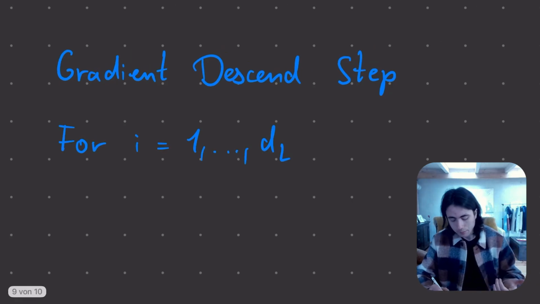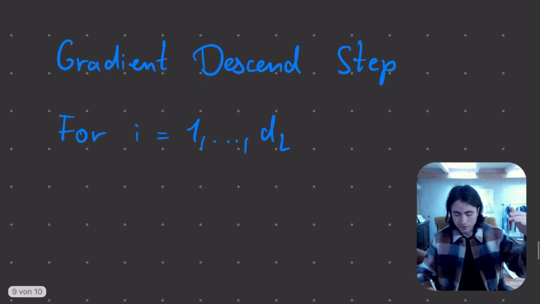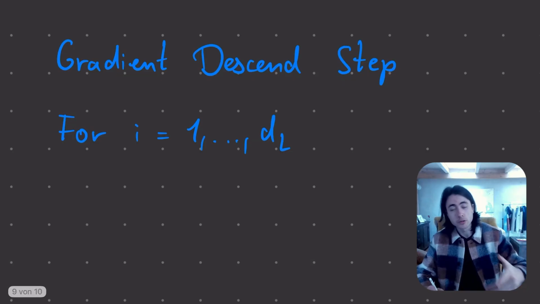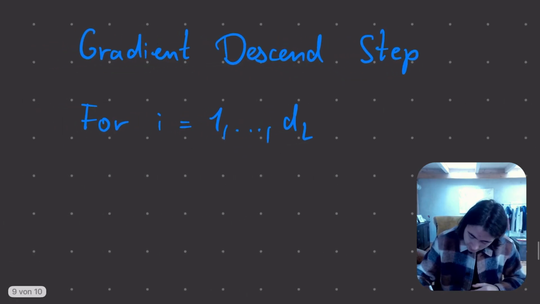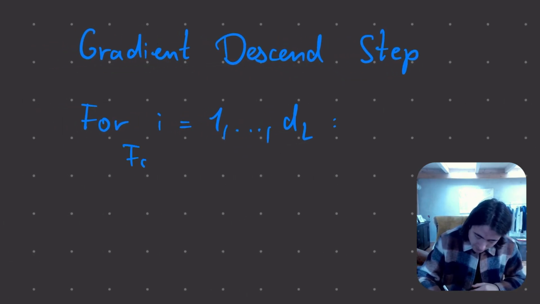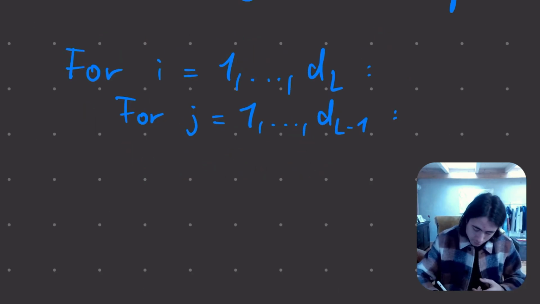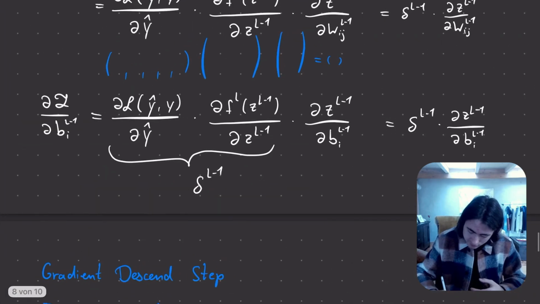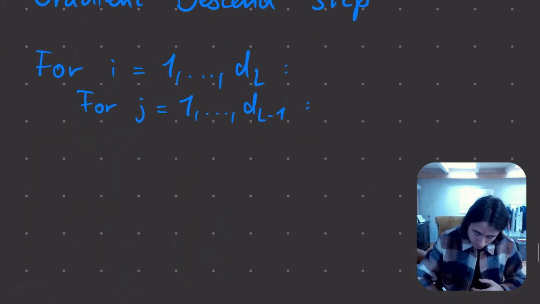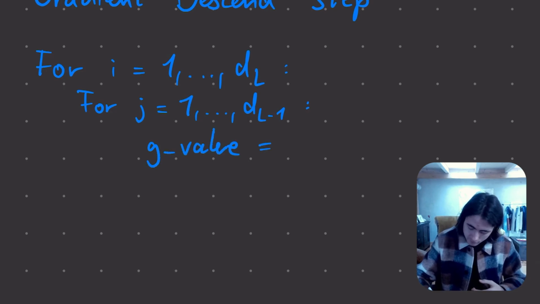Now i is the number of rows we have, and the number of rows determines the output dimension, so it's dl. And so for every i, we would then have to loop through every j from 1 to the input dimension, dl-1. And then in each loop iteration, we would have to calculate the number we just computed here, which I will call, I don't know, gradient value g, and that's some computation here, which I'm not going to write down.